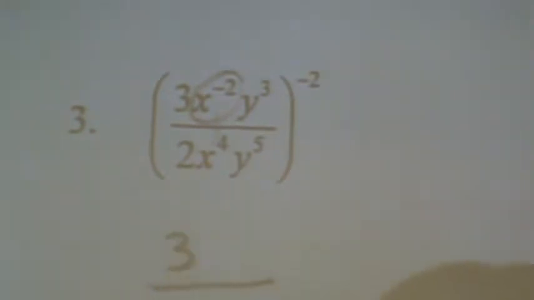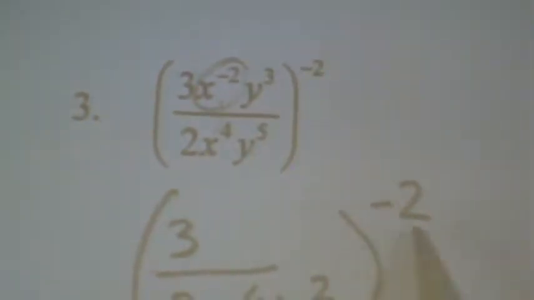For number 3, what I would first do is simplify what's inside the parentheses. So I would bring this down here, so you have x to the 6th power. And the y's, 3 of the y's are going to cancel with 3 on the bottom, you get y squared. Now raising something to a negative exponent means to flip it, and then you would square it.